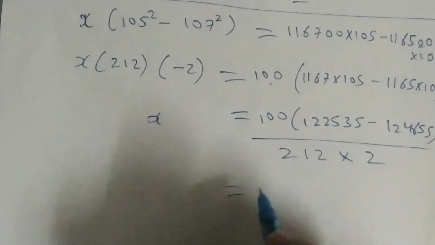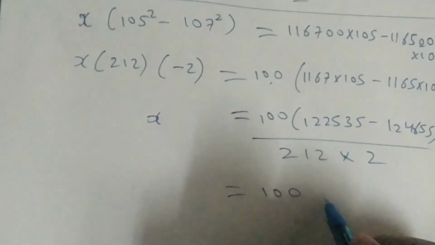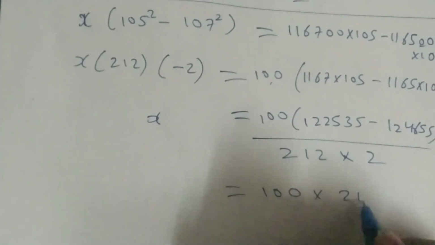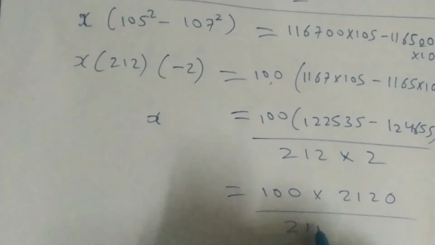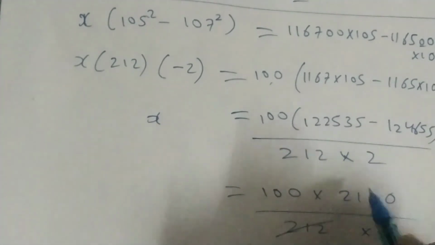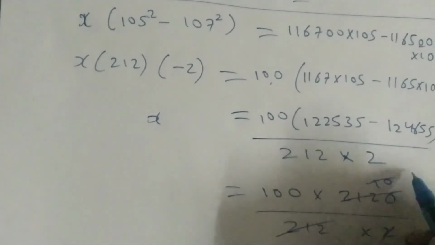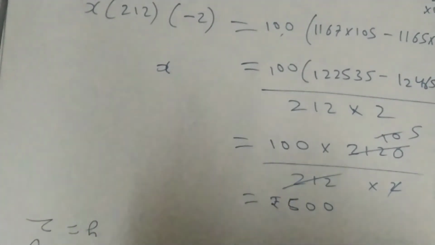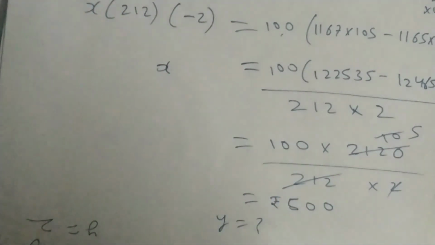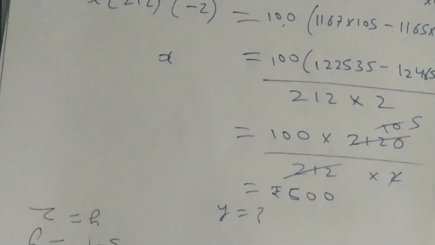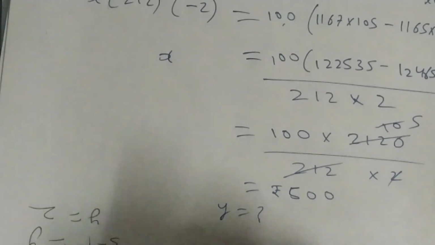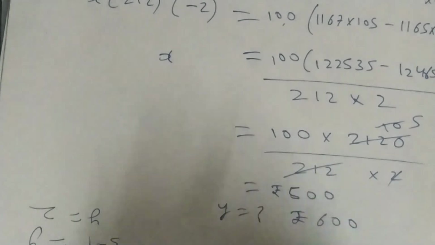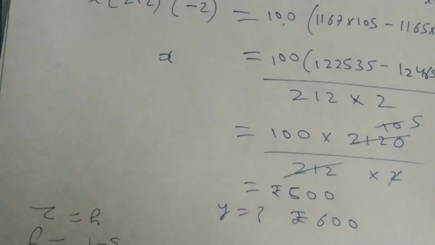On subtraction we will get 100 multiplied by 2120 in division 212. So this will get at 10, this is 5, so value of x is 500. Now put this value in any of the equations to get the value of y. This will be 600. So these are the cost prices of x and y.